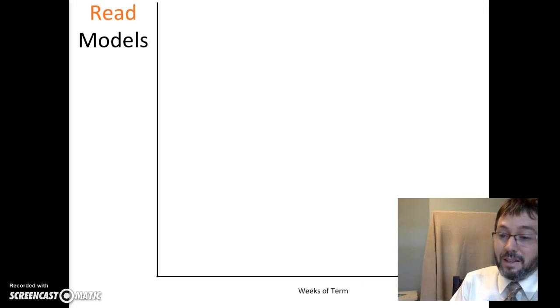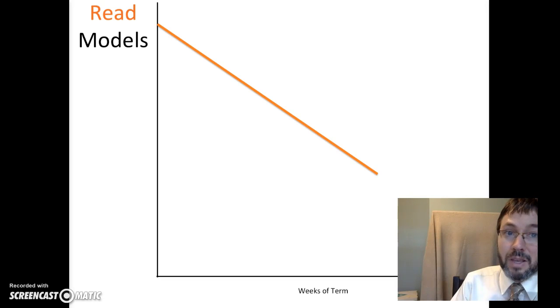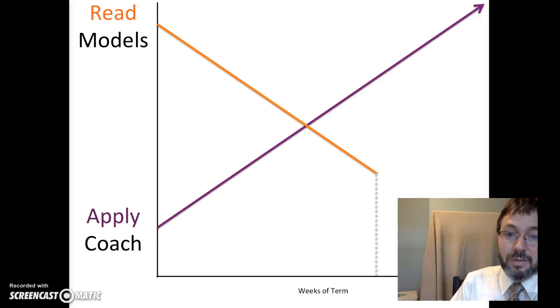We've said that in the course you're going to be reading a lot and having a lot of exposure to models at the outset. Here we are on week 3, and so you're reading a lot about models, just like we expected you would. And by week 11, that reading about new models is going to end, and you'll focus exclusively on application.